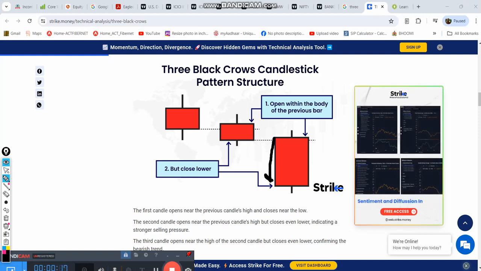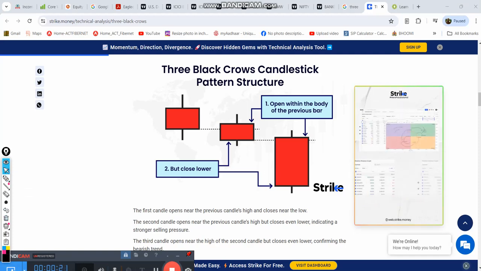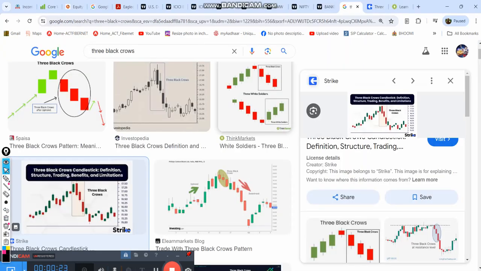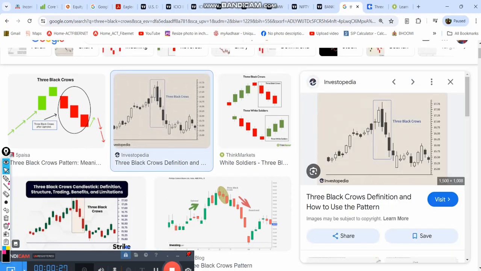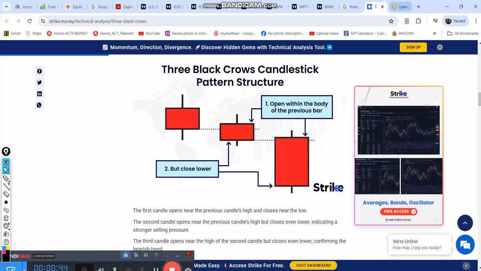Okay, so this type of structure is a 3 black crows structure. Here I see these 3 black crows, continuously 3 candles after this point. After a blue candle, continuous 3 red candles. It's also a 3 black crows pattern. So what is a tweezer top? Let us first see what a tweezer top is.